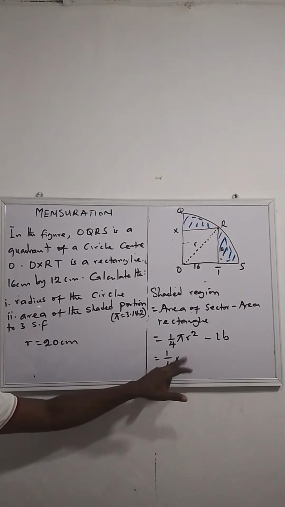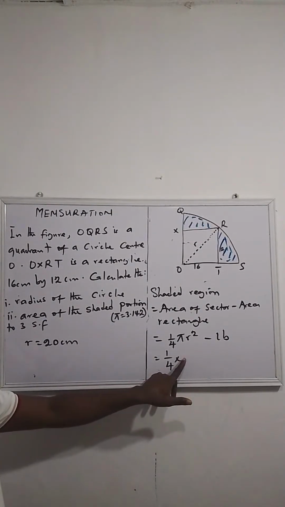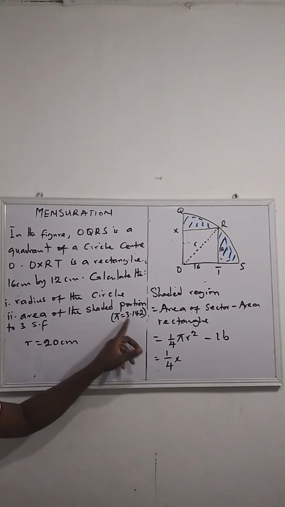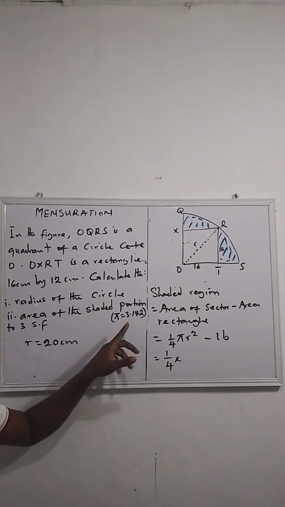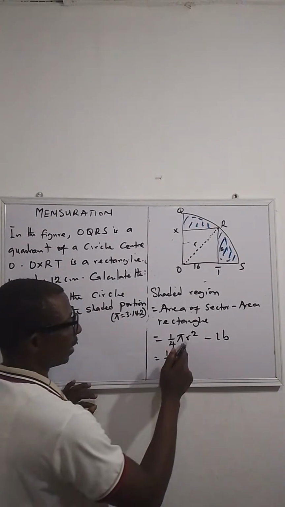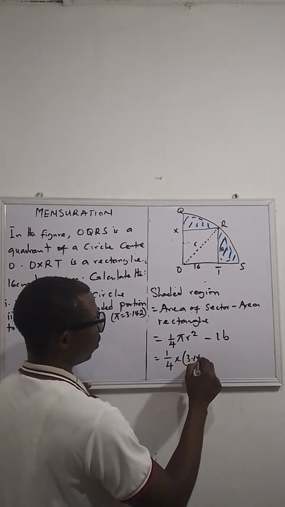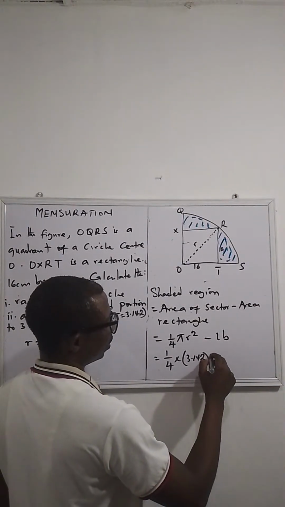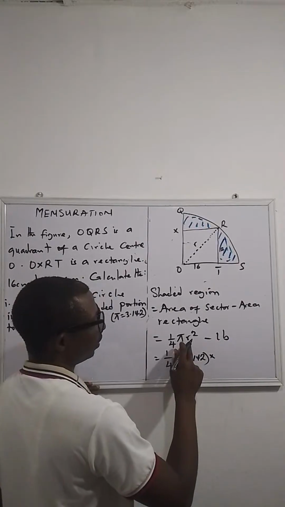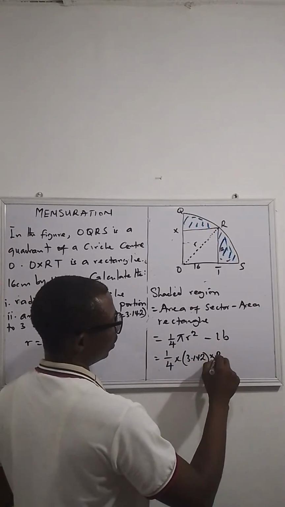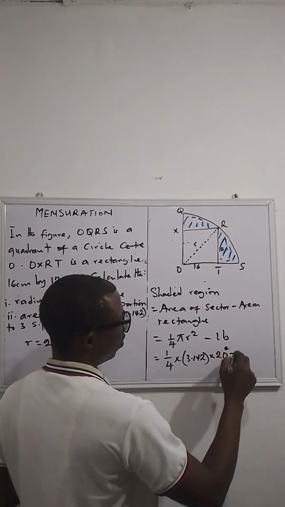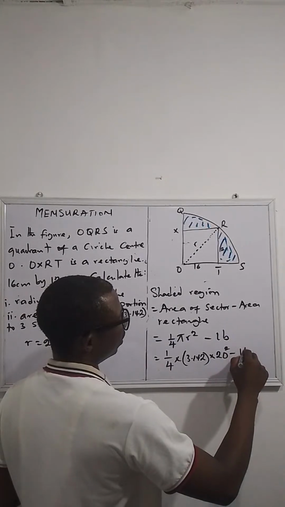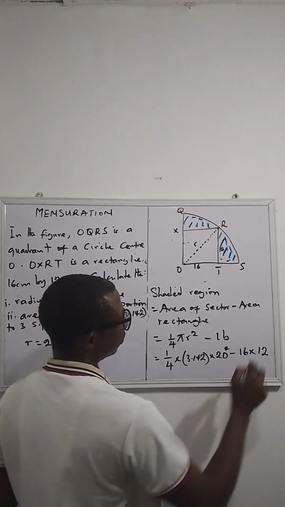If you use 22/7, you are going to miss a mark for wrong substitution, because the question asks you to substitute 3.142 as your pi. So we have 3.142 times r squared, the radius, which is 20, squared, minus length times breadth. Our length is 16, while the breadth is 12.